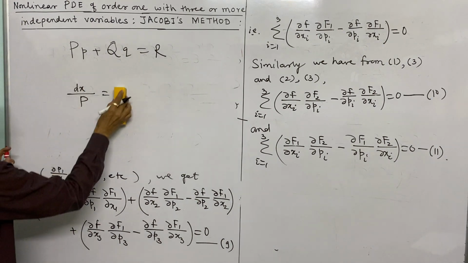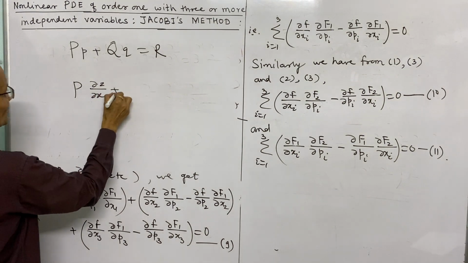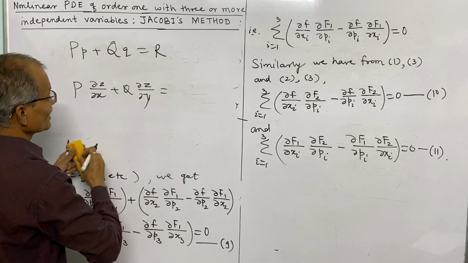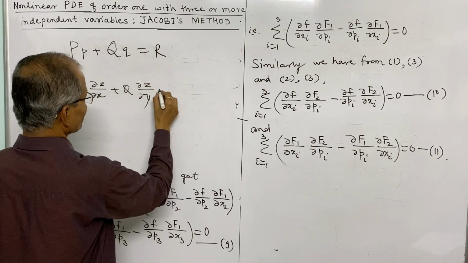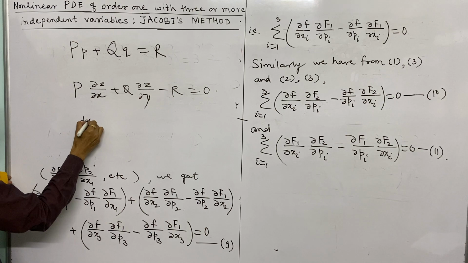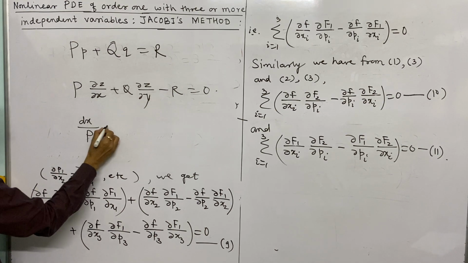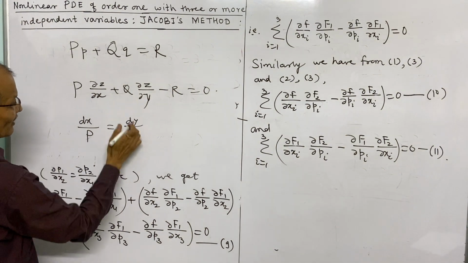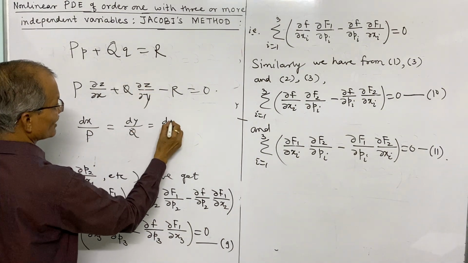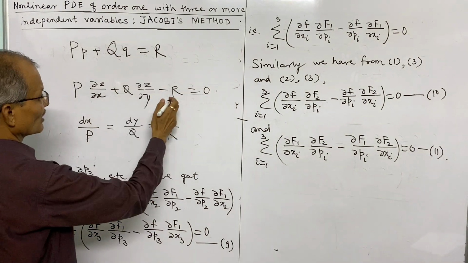So this is p dou z by dou x plus q dou z by dou y, or minus r is equal to 0. And this gives the auxiliary equation as dx, this variable differential, divided by p, dy divided by q, and equal to dz, this variable dz divided by r. This r is on the right side.